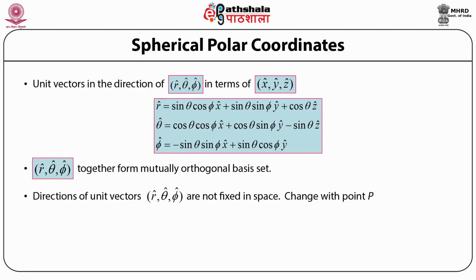The direction of the unit vector theta is perpendicular to the line OP and will lie in a direction which is defined by, if we take the z-axis and then move from the z-axis onto the line OP, then the plane defined by such a movement, the unit vector theta will be tangential to this movement.